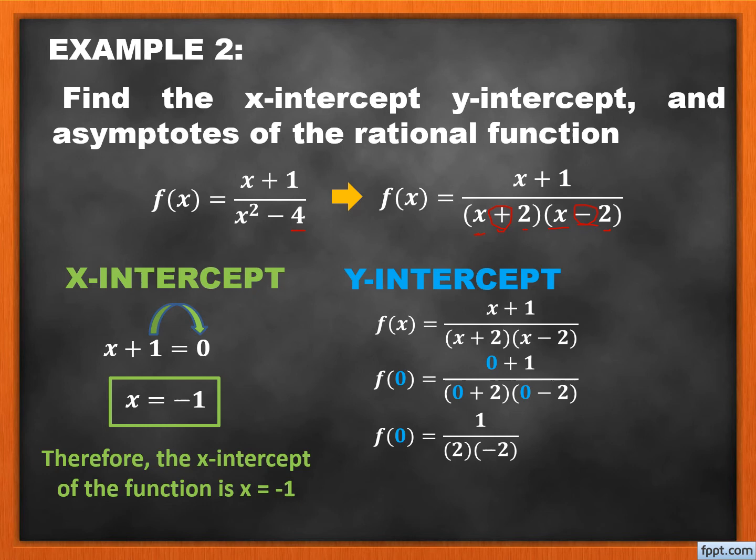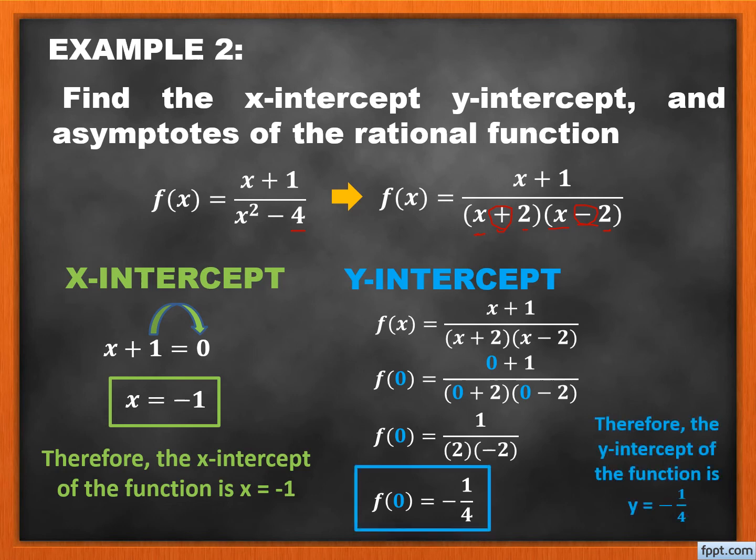And 2 times negative 2 is negative 4. Since hindi naman natin pwedeng i-divide yung 1 divided by negative 4, therefore our final answer is f of 0 equals negative 1 over 4 or negative 1/4. Therefore, the y-intercept of the function is y equals negative 1/4.